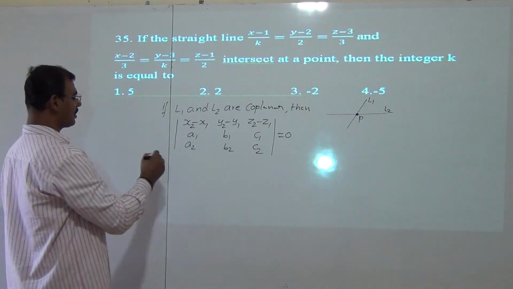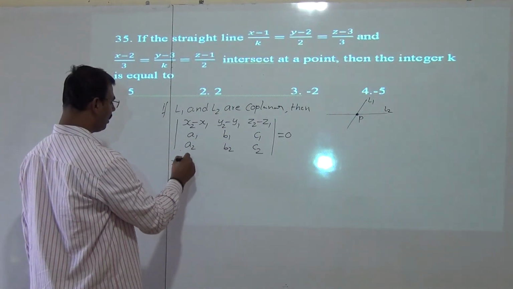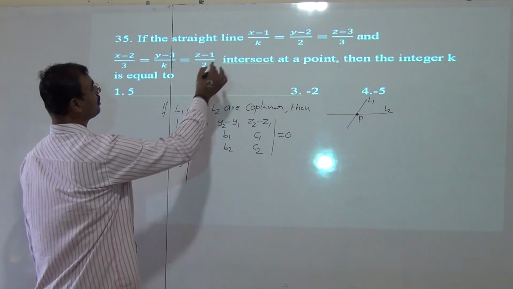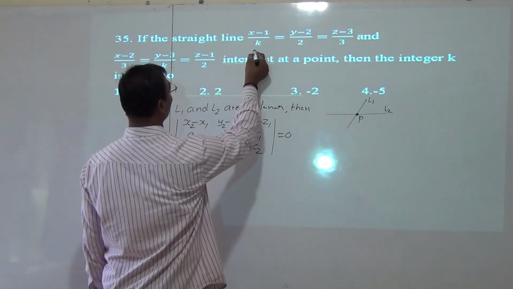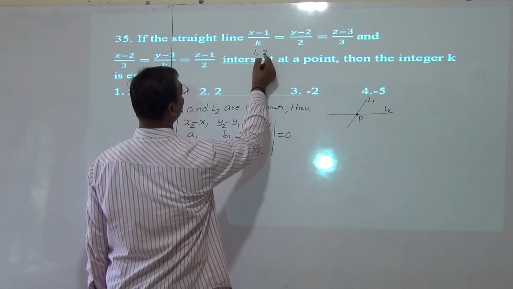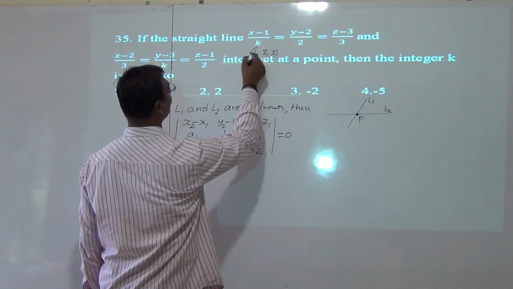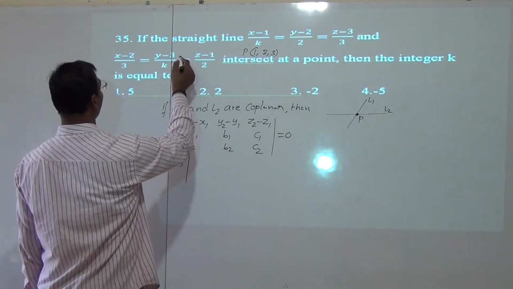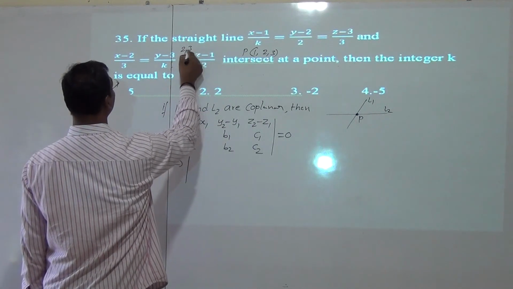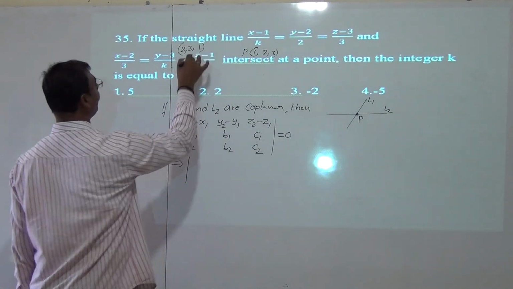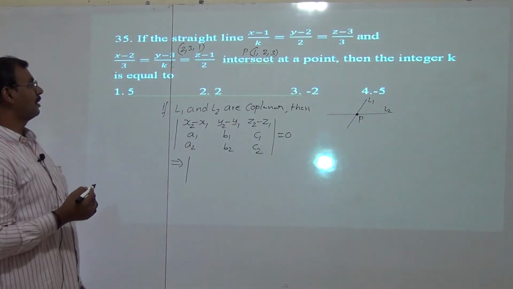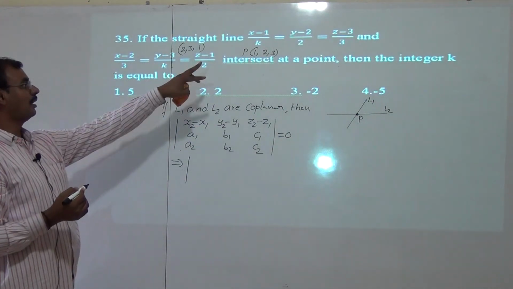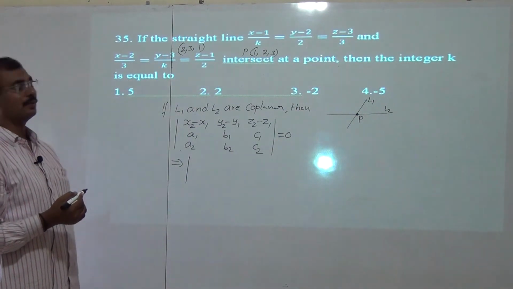Using this condition, what are the points here? The first point is (1, 2, 3), that is x1, y1, z1. In this case, the second point is (2, 3, 1). What are the DRs? For the first line, the DRs are k, 2, 3.